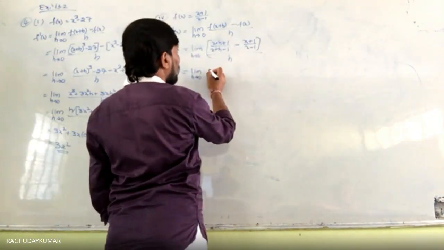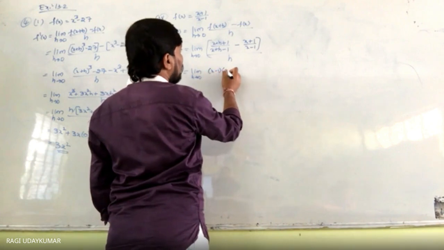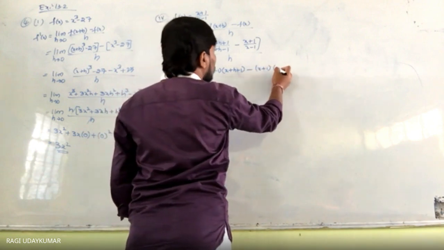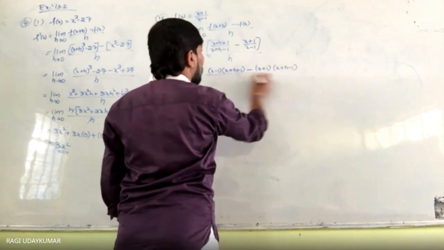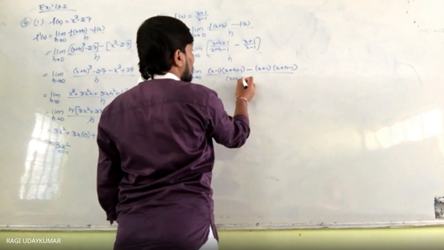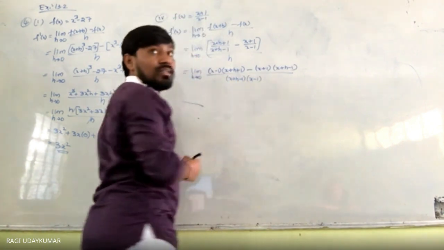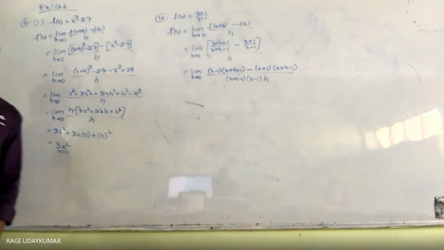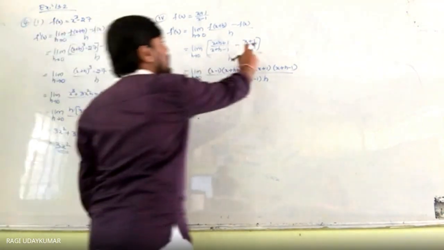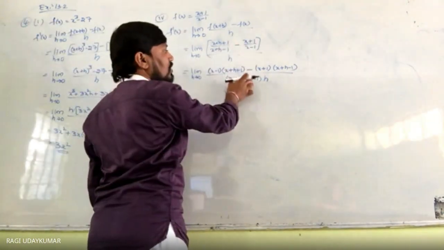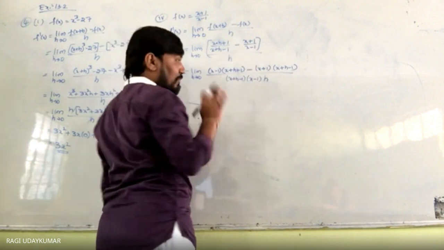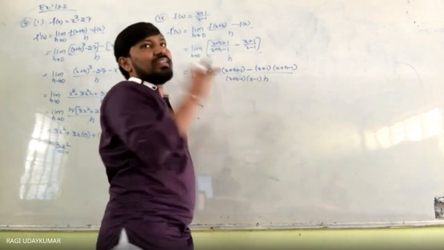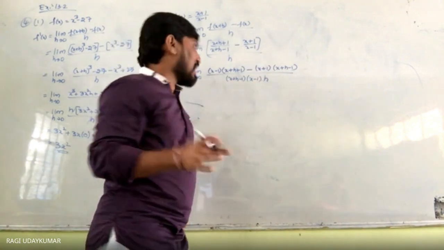What you get here is x minus 1 into x plus h plus 1, minus x plus 1 into x plus h minus 1, by x plus h minus 1 into x minus 1 into h. What I did, I multiplied the denominators, each linear, and h linear. Finally, you have to think that the denominator h should be cancelled with something in the numerator. Then only you are going to get it.